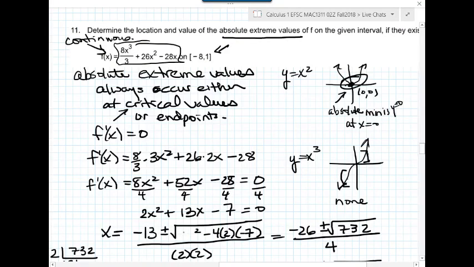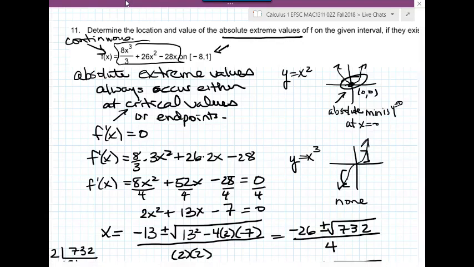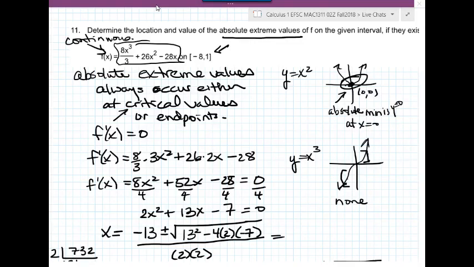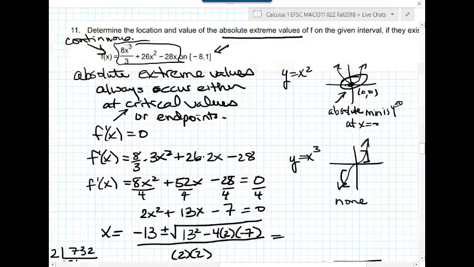Checking my arithmetic, hold on. 676 plus 4 times 2 plus 56 equals 732, yeah. Negative 28.